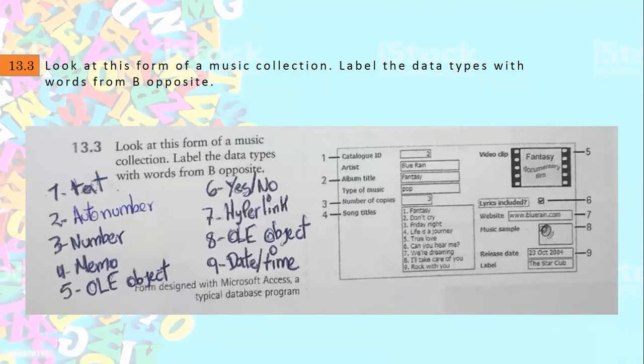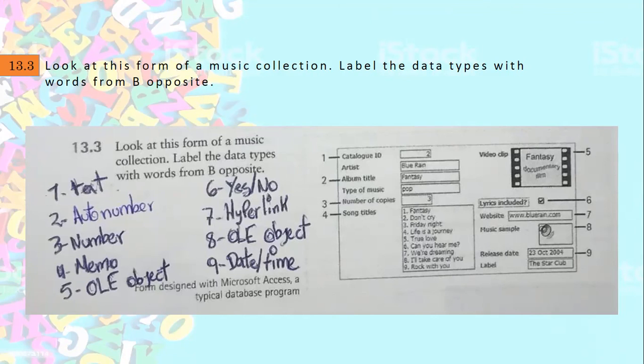So number 2 is album title. It is auto number. 3, we have number of copies. It is number. 4, we have song titles. It is memo. 5, we have the video clip.